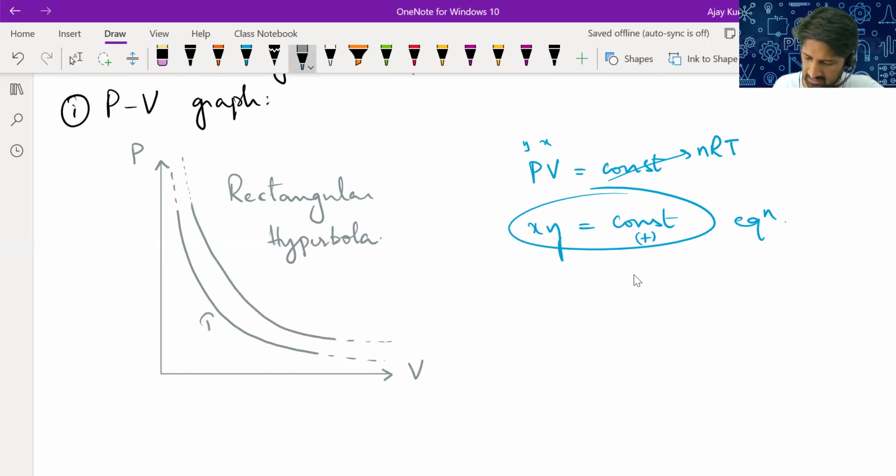So the first graph is at temperature T1, second graph is at temperature T2, T2 being greater than T1. So as you carry out an isothermal process for the same gas at higher and higher temperatures, the PV graph will shift away from the origin. Such questions are also quite common. They'll give you two graphs and ask which one is at higher temperature. So that is about the PV graph of an isothermal process.